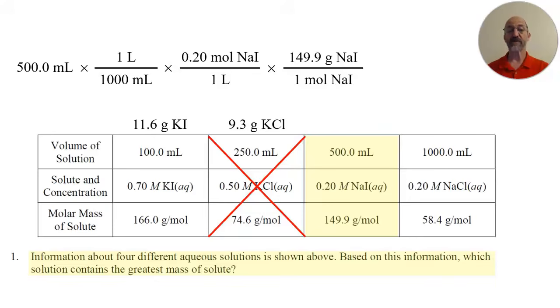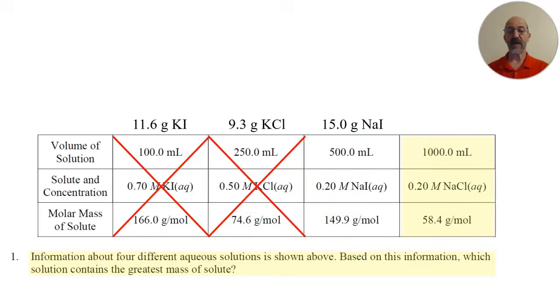So 500 divided by 1,000 times 0.20 times 149.9, and I get almost exactly 15 grams. So since 15 grams is larger than 11.6, I can eliminate choice A.